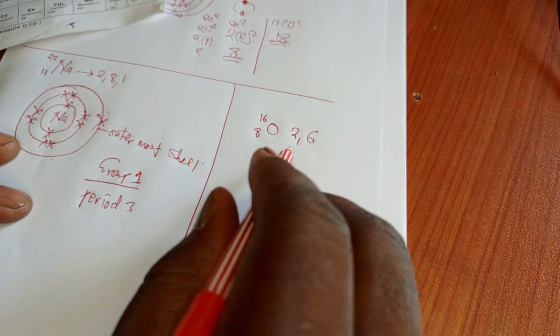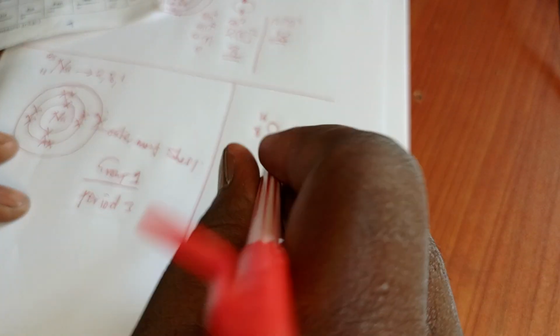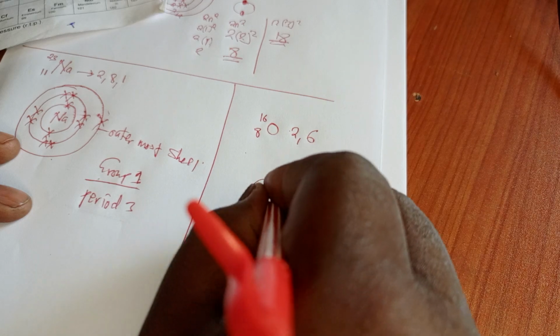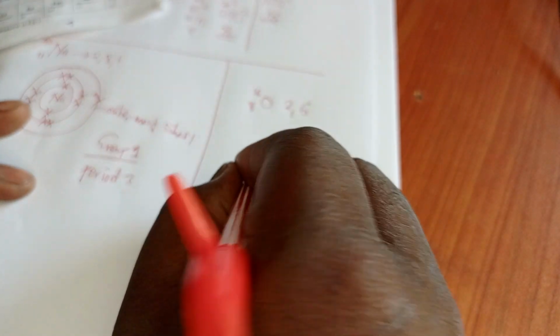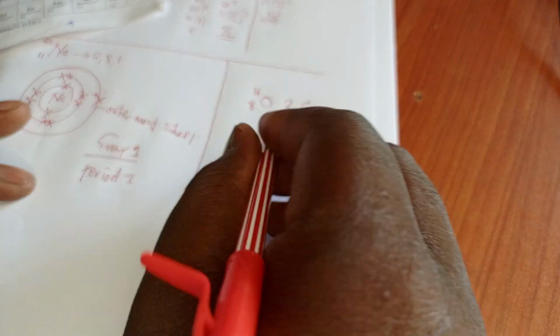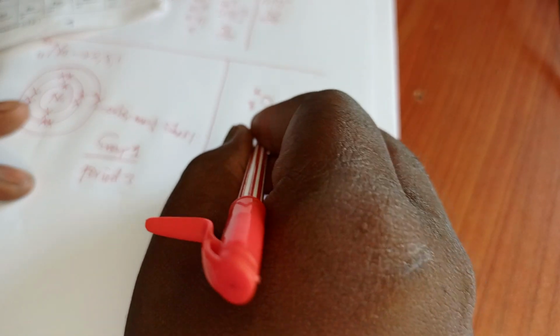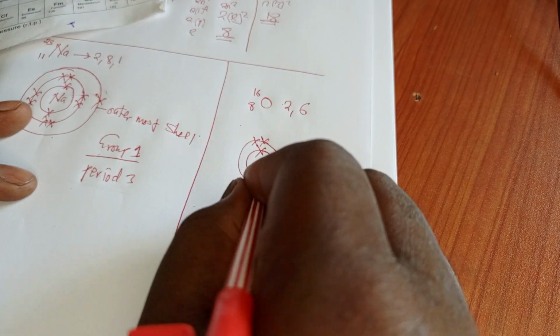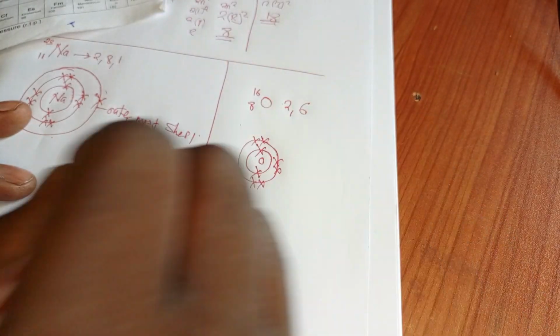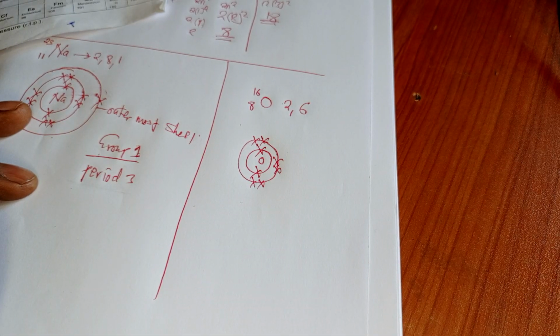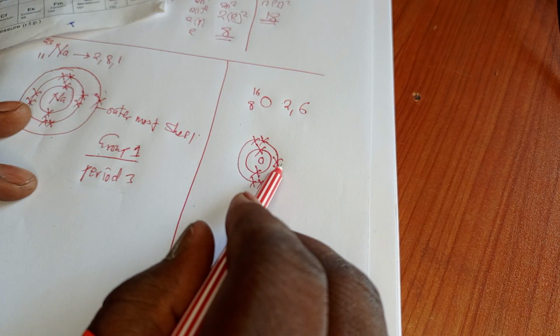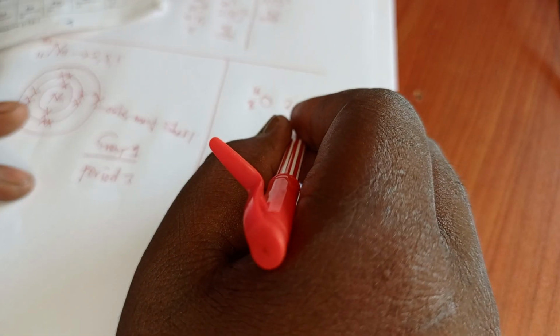So now I'll put O here. In the first shell I have two electrons, so I put 1, 2 electrons. The next one is 1, 2, 3, 4, 5, 6. So I have 6 electrons in the outer shell. So the last number, the last electron count, indicates the group of an element.